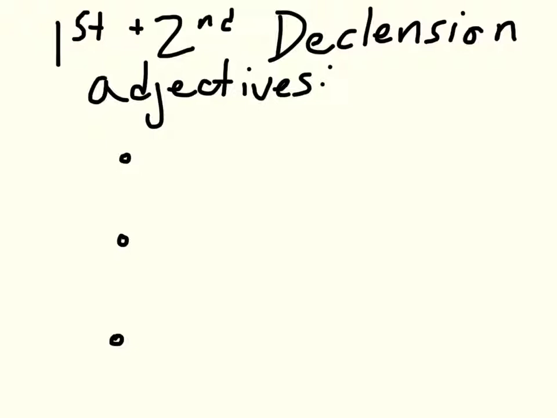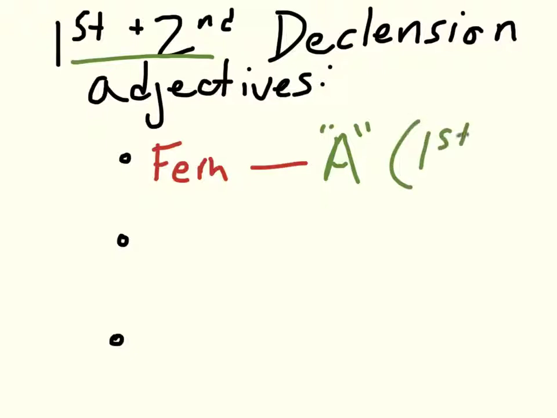Most of our adjectives that we've seen so far are called first and second declension adjectives because their endings match those of the first and second declensions in all the genders that they show. So when the noun is feminine, the adjective is going to have a feminine ending, which is going to be the A. So depending upon the case, the adjective will end like something in the first declension.